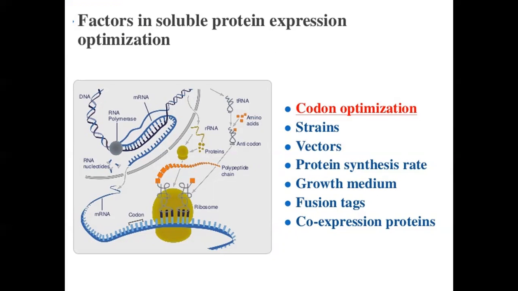And the protein synthesis rate. Multiple strategies can slow down the translation process to optimize protein solubility, because sometimes we need to slow down the process, which can lead to a low protein synthesis rate.